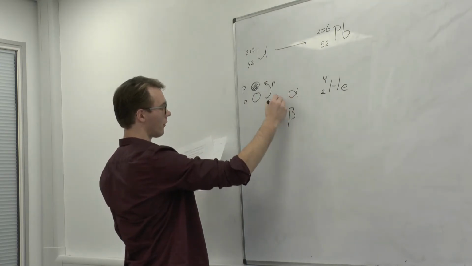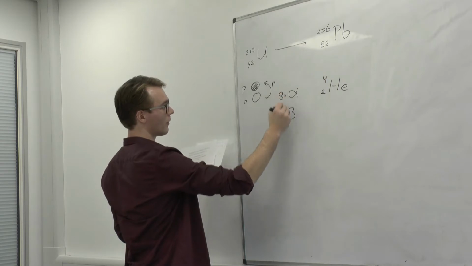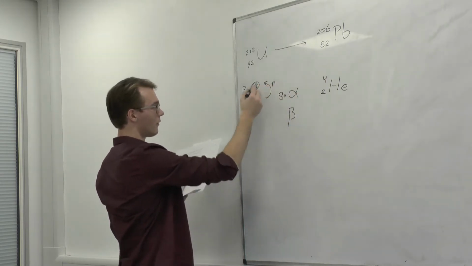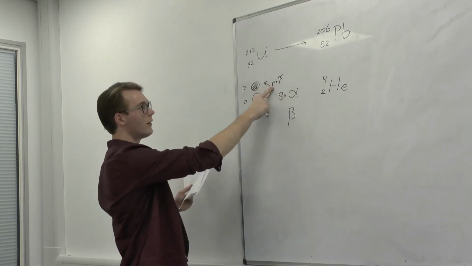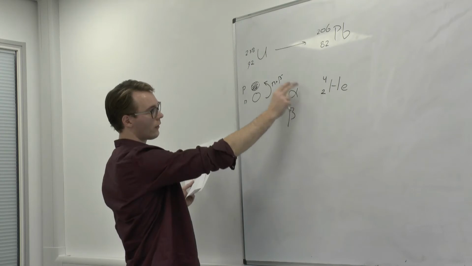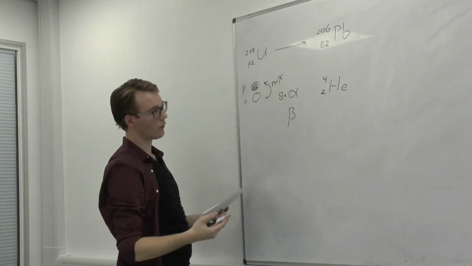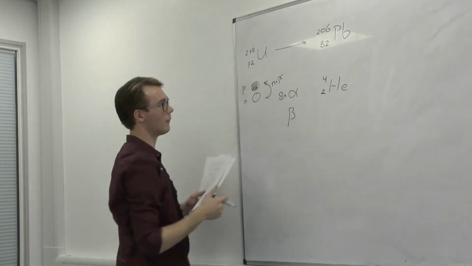The question is, how many times does this beta minus decay have to occur after alpha decay, if alpha decay occurs 8 times, to go from this uranium atom into this lead atom?